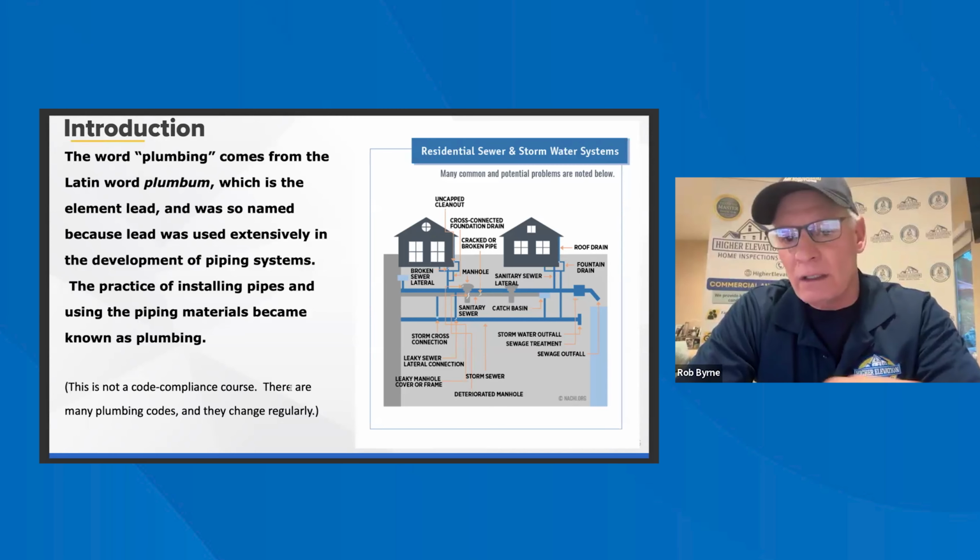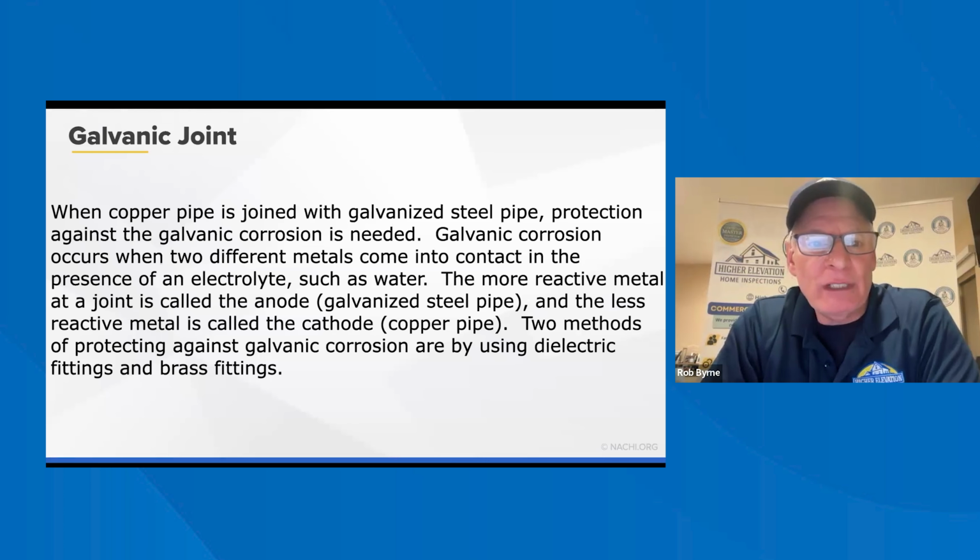and not running. When copper pipe is joined with galvanized steel, protection against galvanic corrosion is needed. That's what we were talking about earlier with the supply lines. If you have a galvanized drain or supply line and you have a copper strap, it's going to create this galvanic action, which is basically the two dissimilar metals that also can create electrolysis and react metal in the joints and anodes.